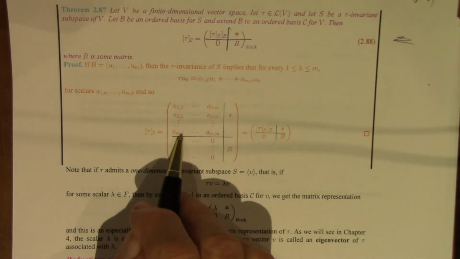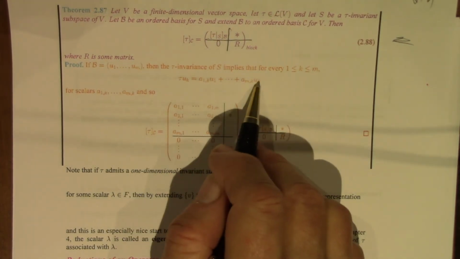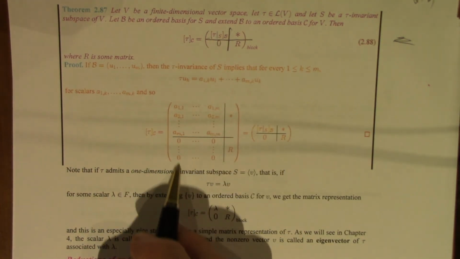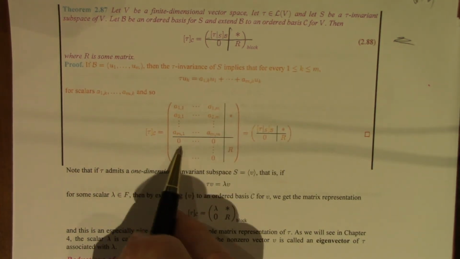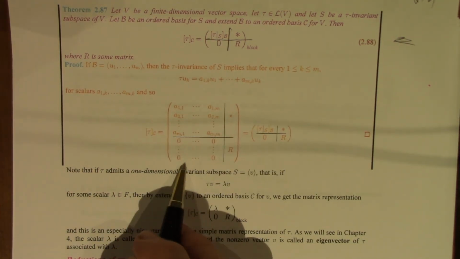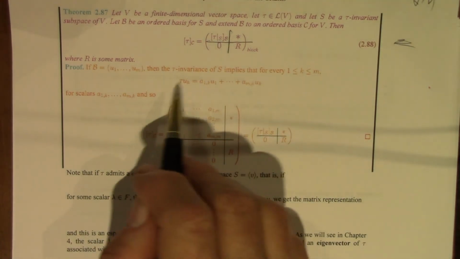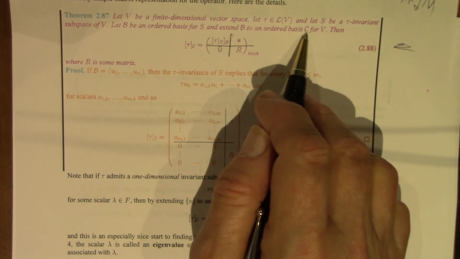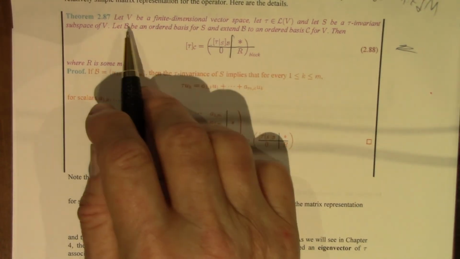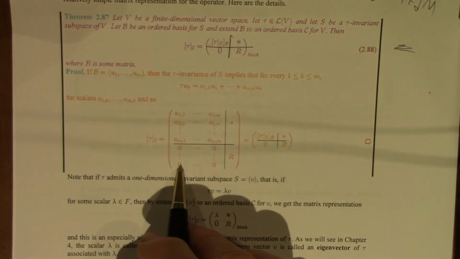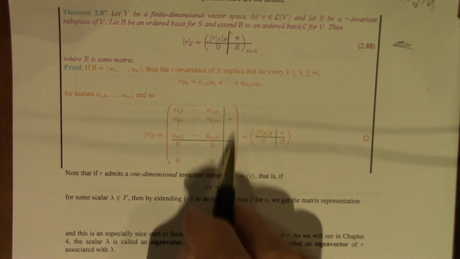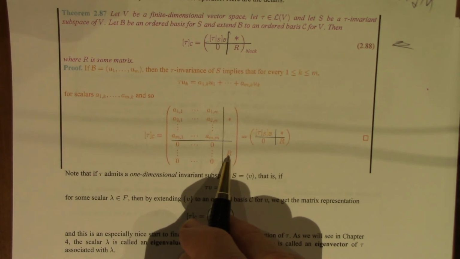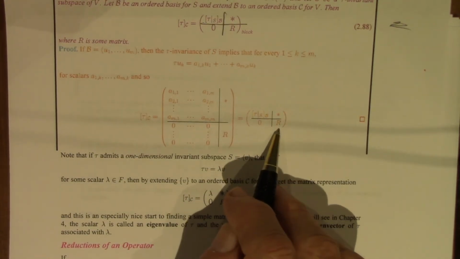You're going to have the coefficients in this linear combination, then you're going to have all zeros. These are, if you wish, the coefficients in the representation of tau u_k of the other basis vectors in C. They're not in B, so that's why these are all zero. And then we don't know, again, what's going on here. So we end up with this matrix.